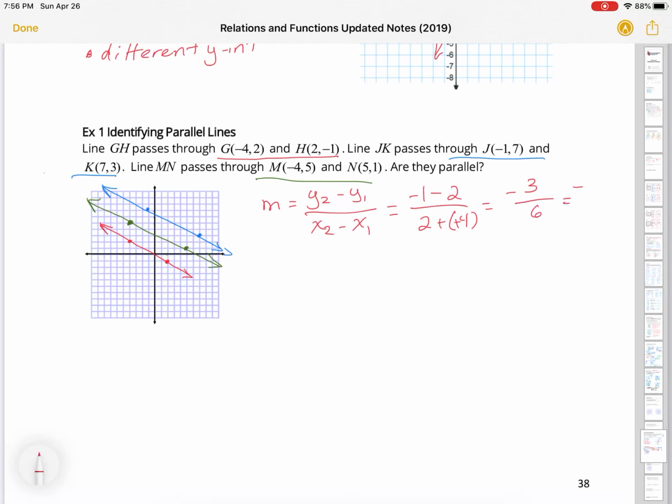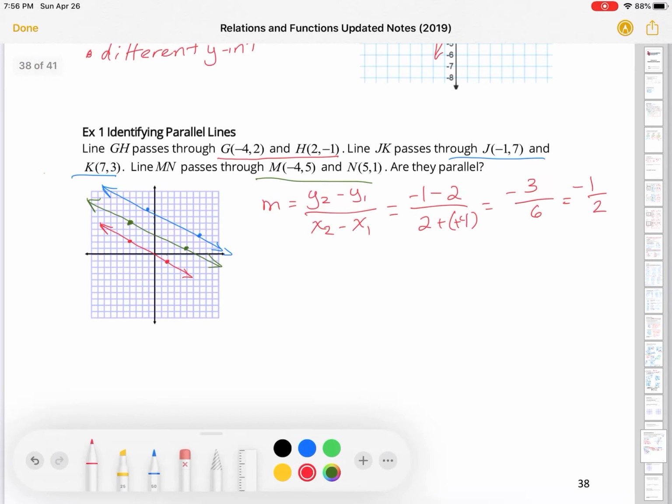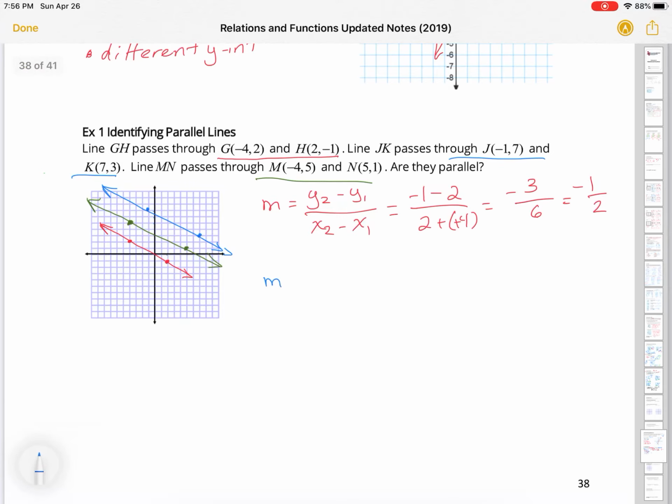So that becomes plus a positive. So I get -3 over 6, which is -1/2. And that makes sense. It's a negative slope because it is going down.